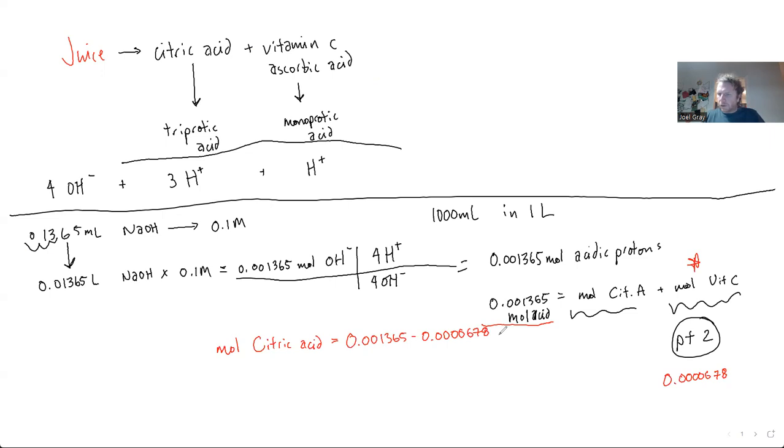I'm going to plug that in my calculator. 0.001365 minus 0.0000678. And I have solved for the moles of citric acid, which are equal to 0.001297.